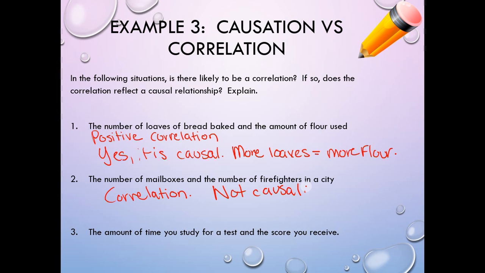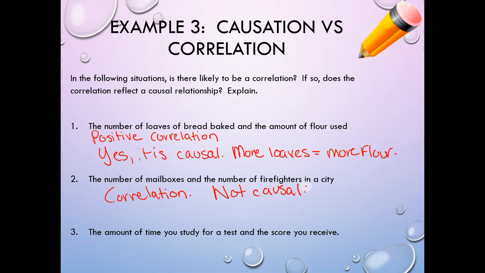A lot of people say, well, the sales of ice cream correlate with the number of drownings. Just because I'm eating ice cream doesn't mean I'm going to drown. It's because I can eat ice cream and swim during the same time, during summer. So that is a good reason to be aware of correlation and causation. It's very common to hear these two words used almost interchangeably, but they're not actually interchangeable.